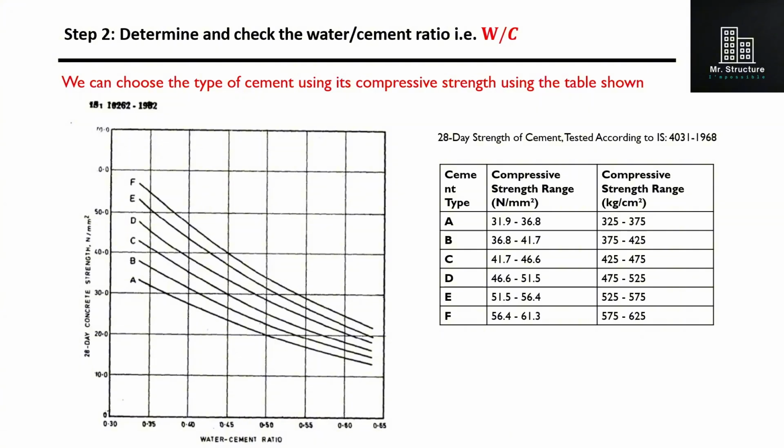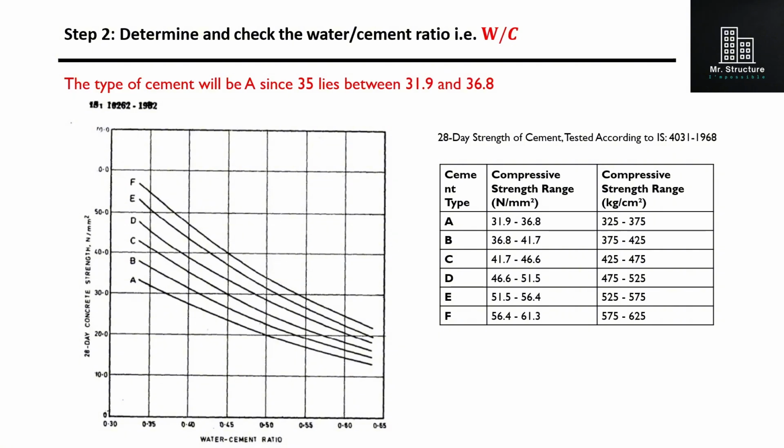It is important to keep in mind that we are talking about the compressive strength of cement and not the compressive strength of concrete. For example, if the compressive strength of cement is known to be 35 MPa, then the type of cement will be A, since 35 lies between 31.9 and 36.8.